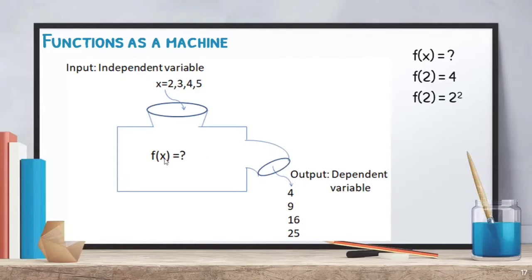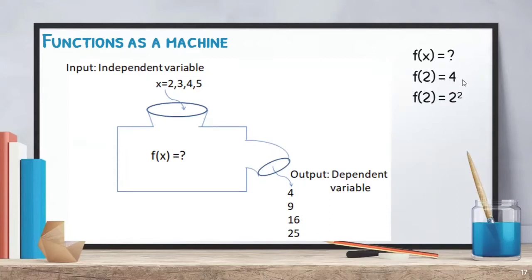Now we're going to write our unknown. That would be f of x is equal to unknown. Say, for example, we use the first independent variable 2, right? And I said earlier that the output would be the dependent variable, which is 4, that corresponds to our 2. So that would be f of 2 is equal to 4.